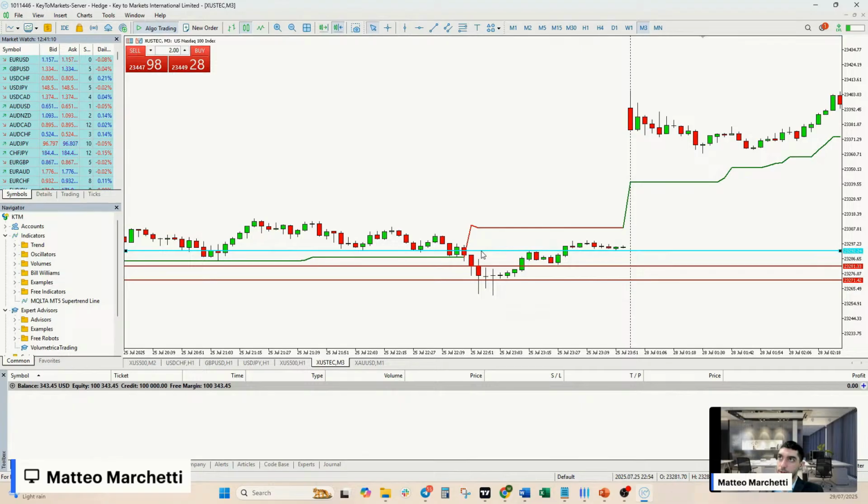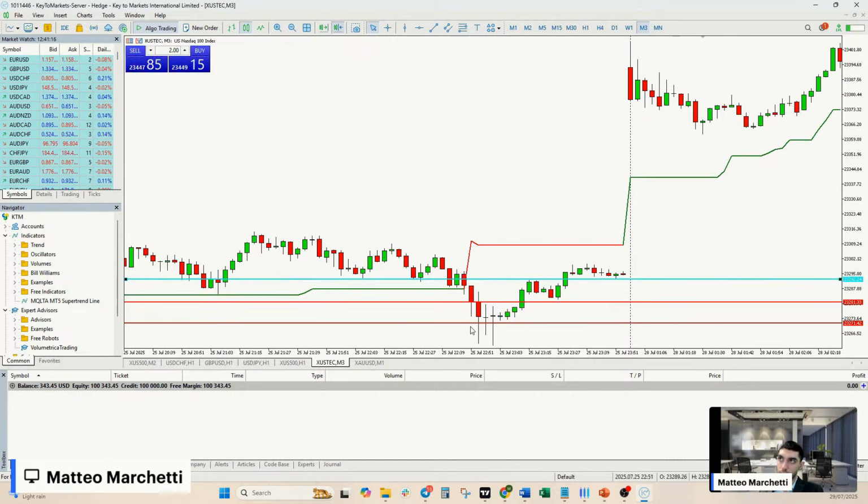I place my stop loss a couple of points above the high of the bar that gave me the signal. I open a short trade at the closing price of that bar, and my first take profit is 10 points lower.